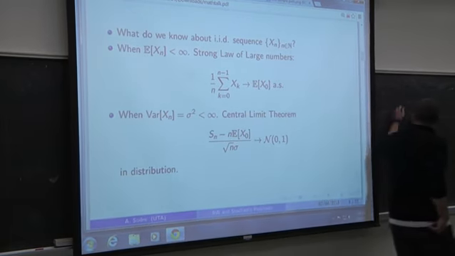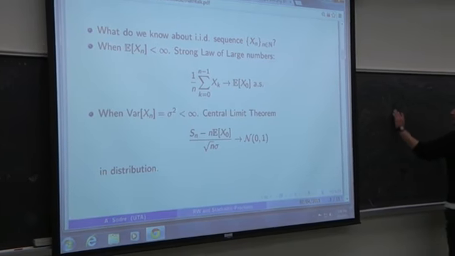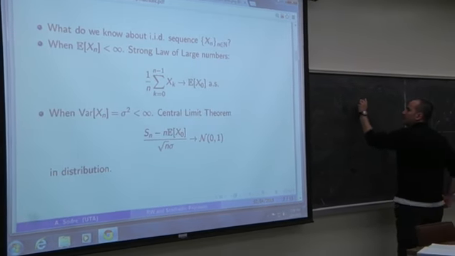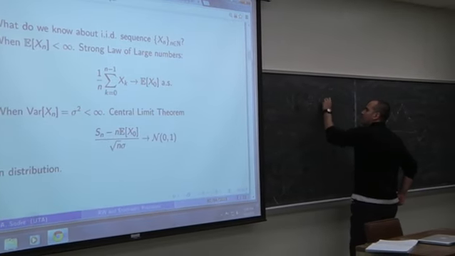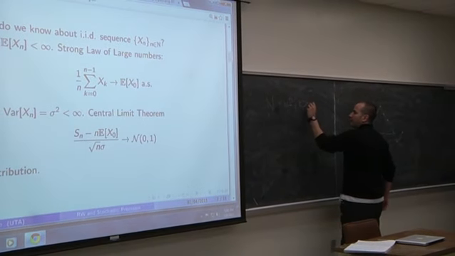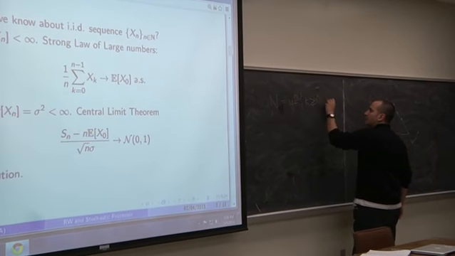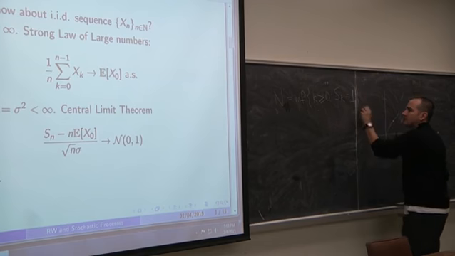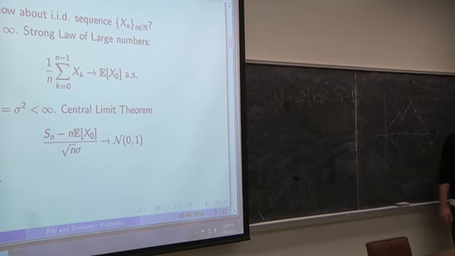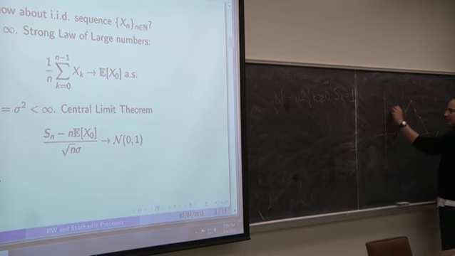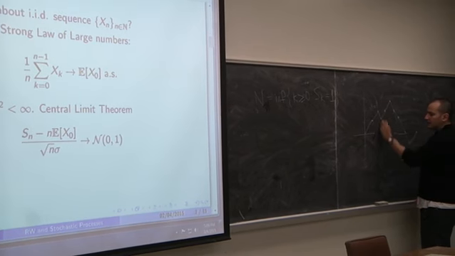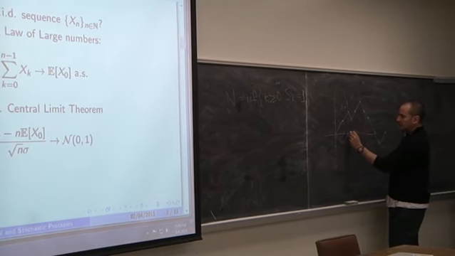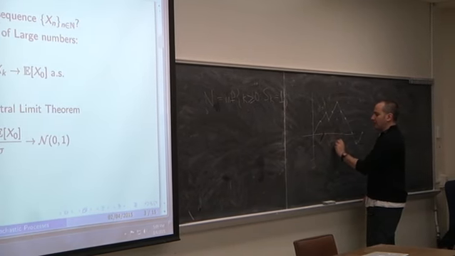Let me define this n1, or just n, as the inf of k, where k can be bigger or equal to 0, such that my random walk hits level 1. And n is a random variable, right? Because in this trajectory here, n equals 1, and in this other trajectory here, n equals 3.